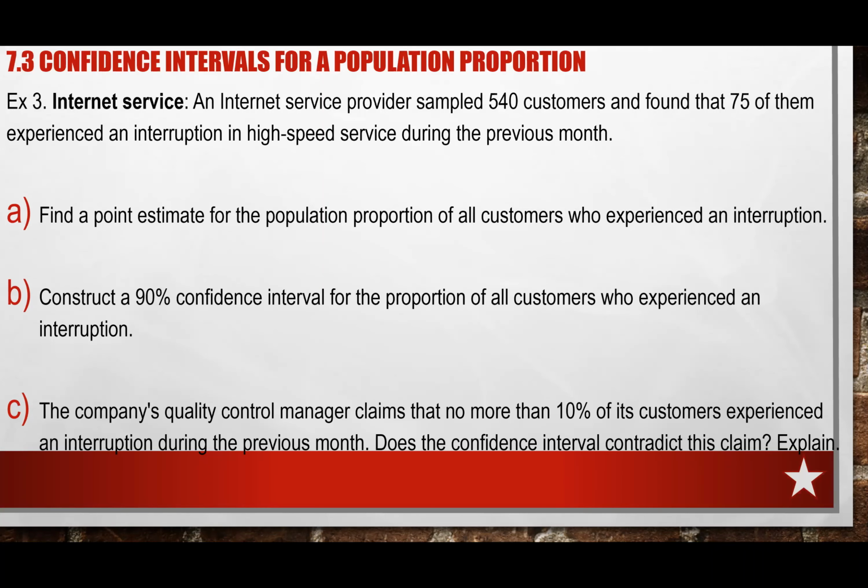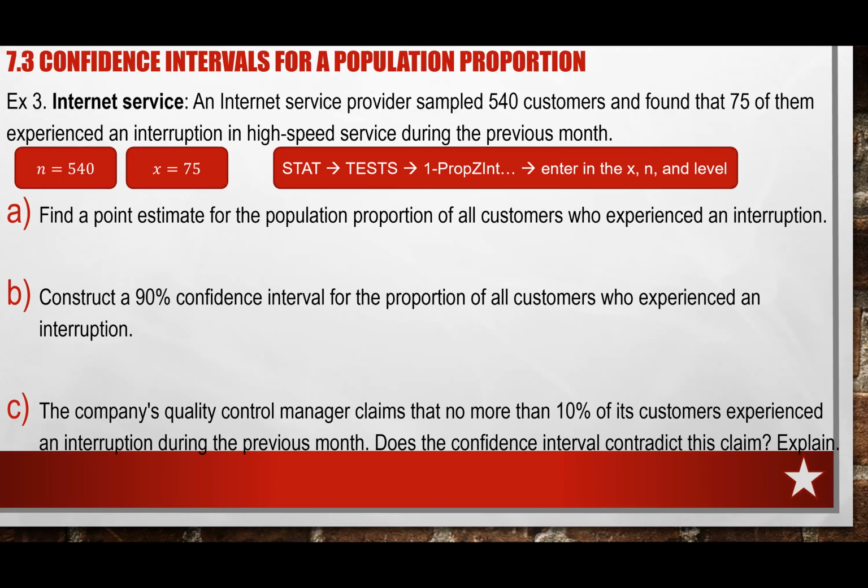But to do anything, the two things that you need for a proportion are an n and an x. For the mean, you need the n, the x bar, and the standard deviation, but for this one we need the n and the x. And the other thing you need is the confidence level.